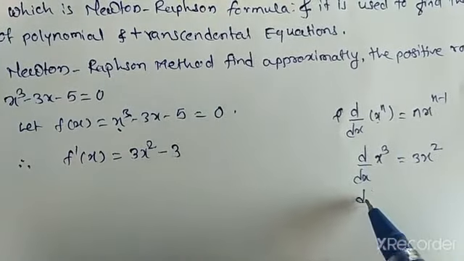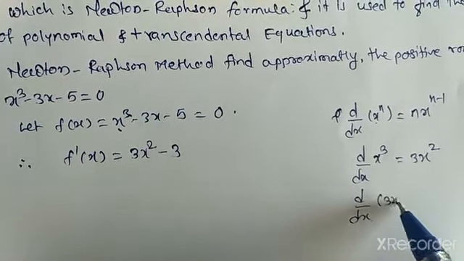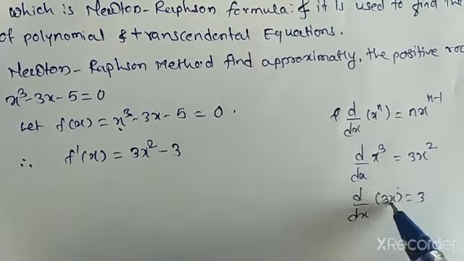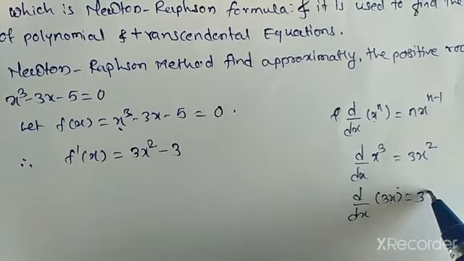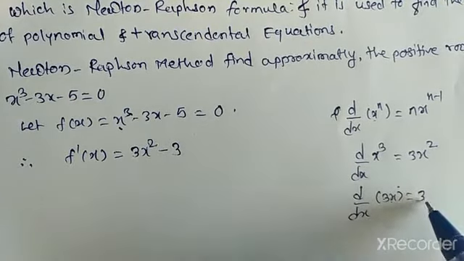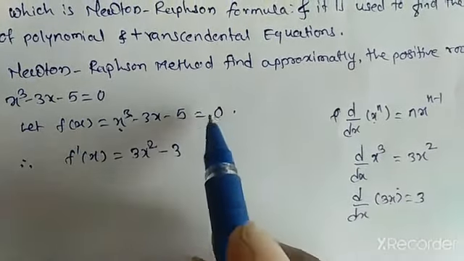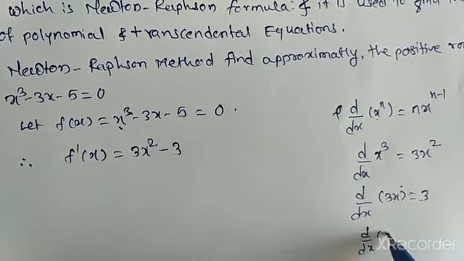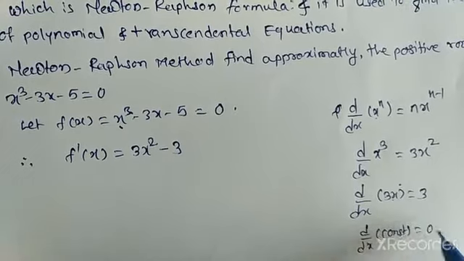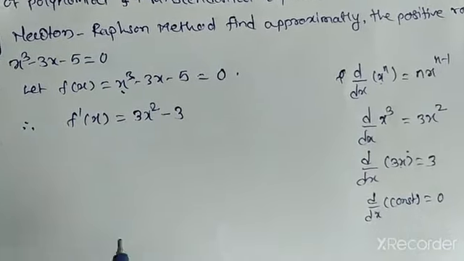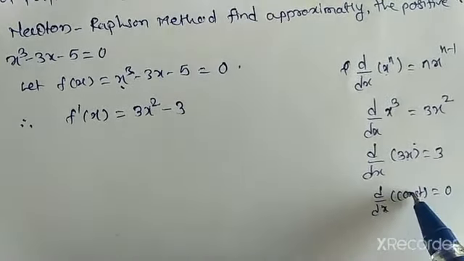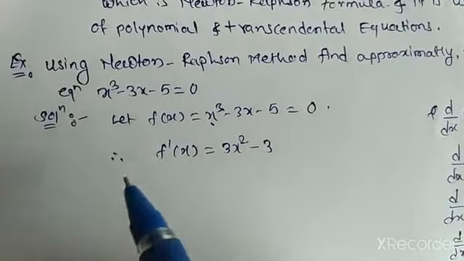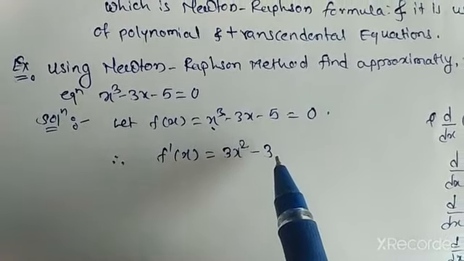And d by dx of 3x: the constant is as it is, and the derivative of x raised to 1 is 1, because 1 into x raised to 0, so it will be 3. The derivative of the constant, which is minus 5, is 0. The derivative of a constant is always equal to 0. Constant means there is no x in that term. Now f dash x is equal to 3x square minus 3.